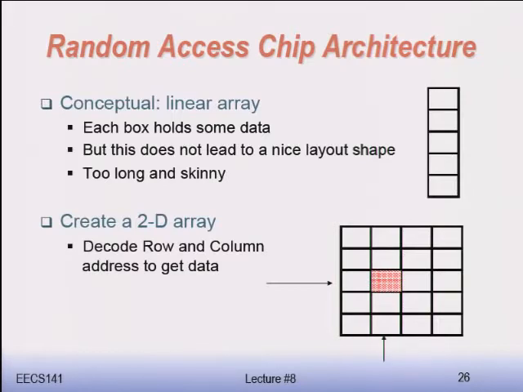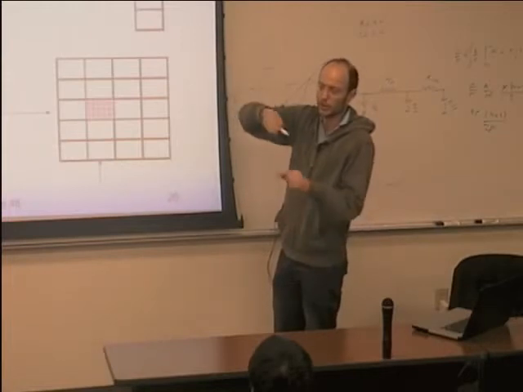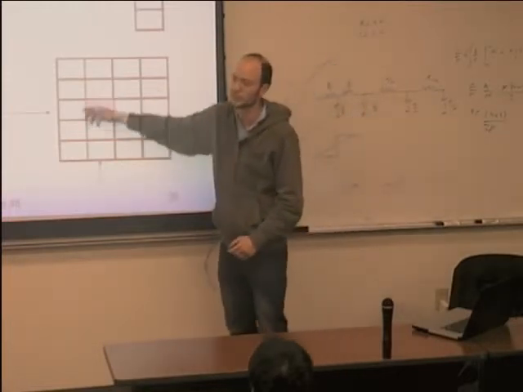Now, people like chips to be square. Okay, so if you start to have a lot of things that look long and skinny and they're like a meter long, that typically probably your chip will not end up being square. So you don't do that. Instead, you try to make something that is square, which means that instead of organizing this 1 million cells in one row, you organize them into some number of rows and some number of columns.